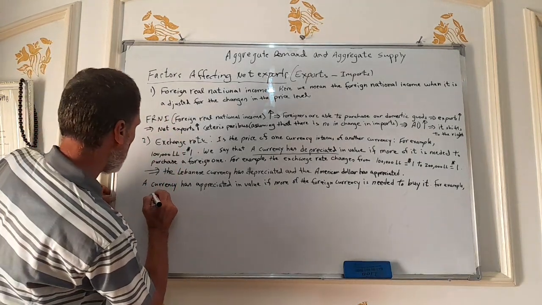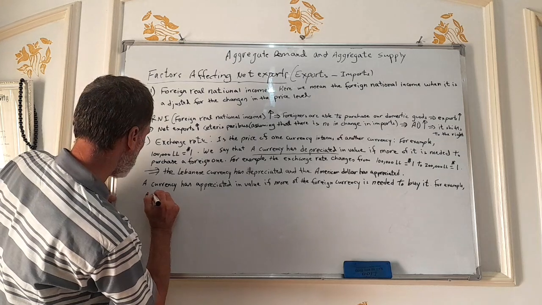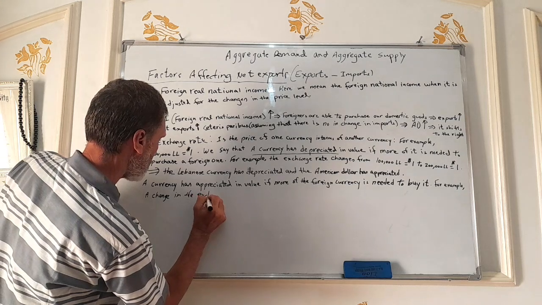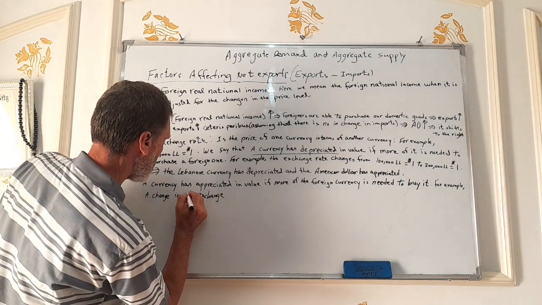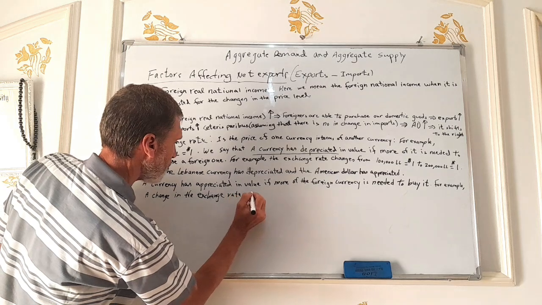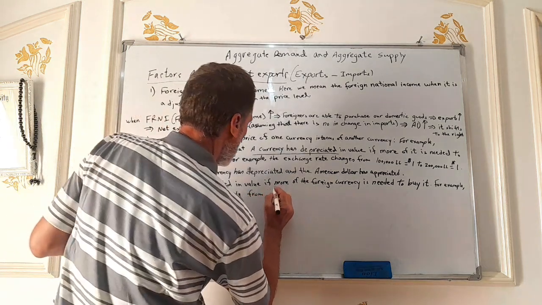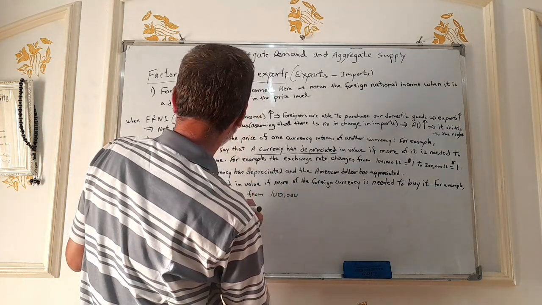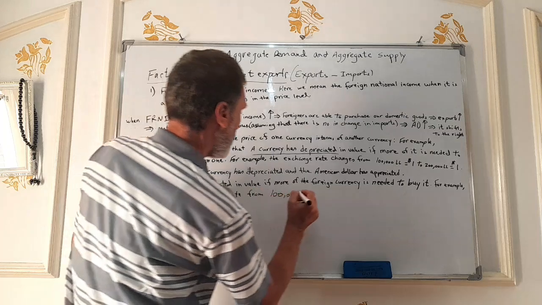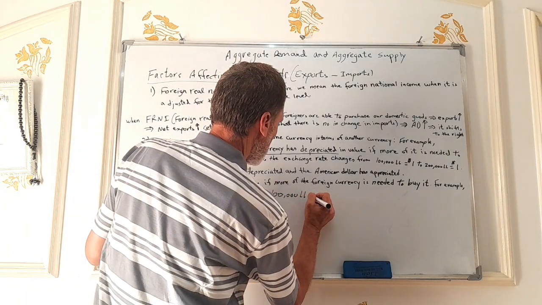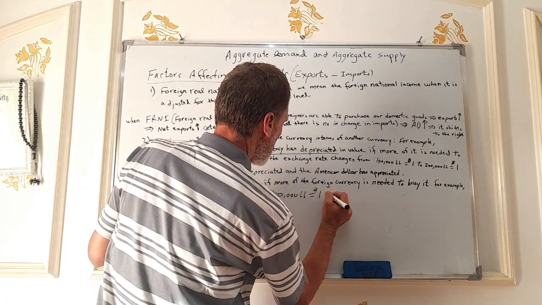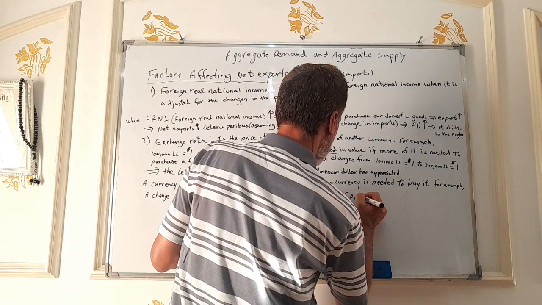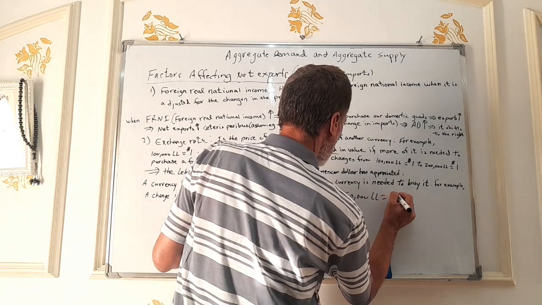For instance, a change in the exchange rate from 100,000 Lebanese lira equal $1 to, of course, 50,000 Lebanese lira equal $1.